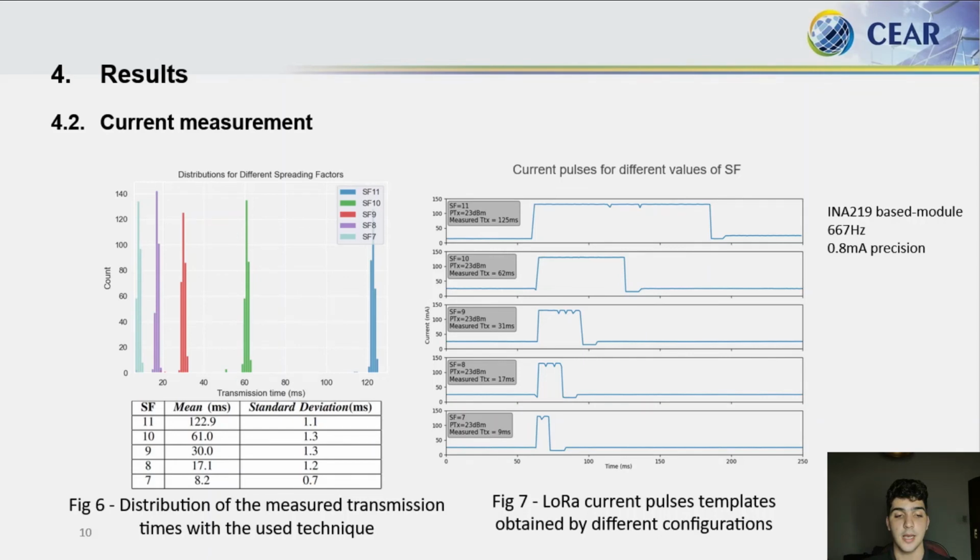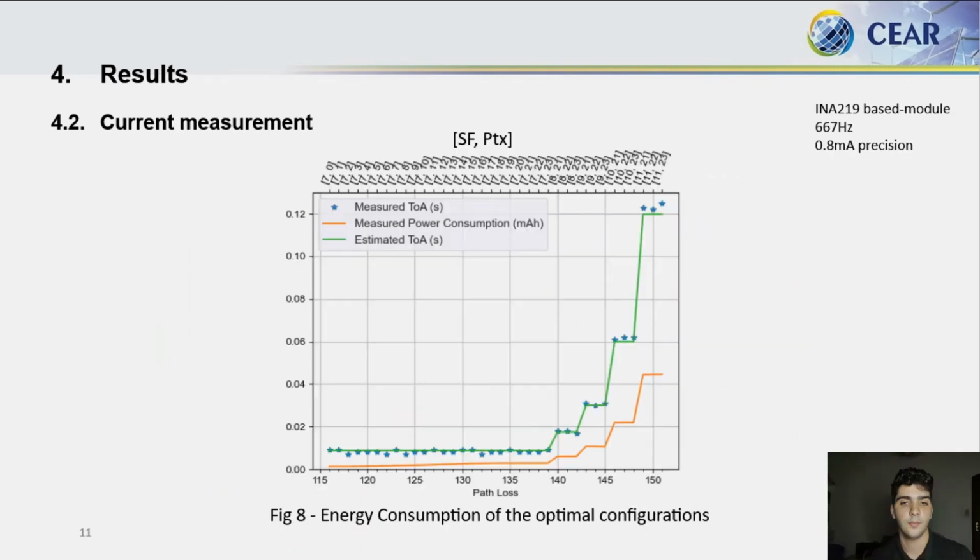The bandwidth was fixed at 500 kHz. Also, this graph shows the difference in terms of energy consumption to send a message for each path loss with its respective optimal configuration. We can see that there is a big drop in energy consumption when there is a reduction in the spreading factor.